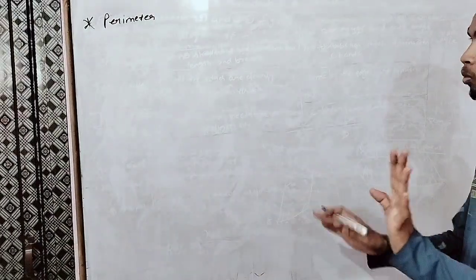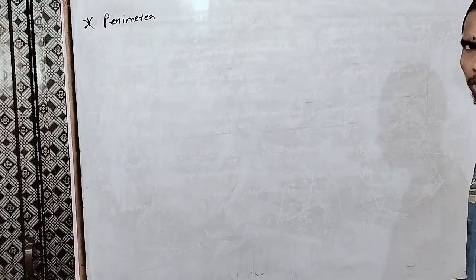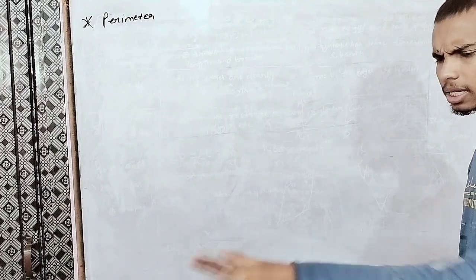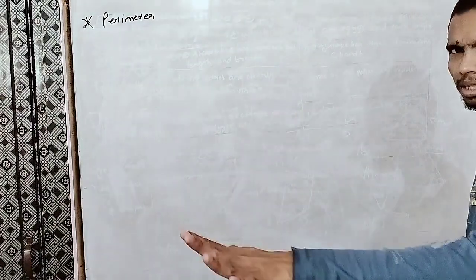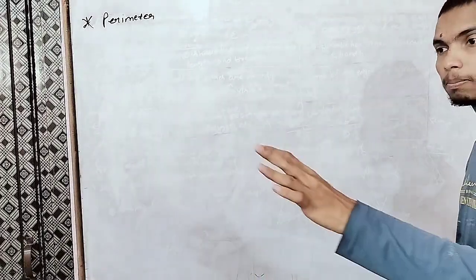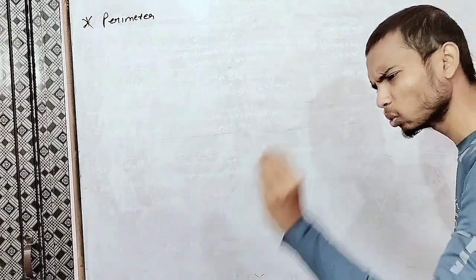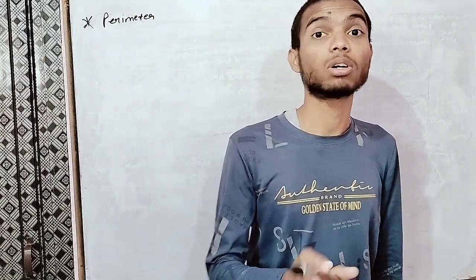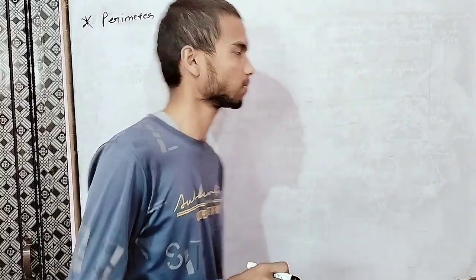Whether they are 2D or 3D, it doesn't matter. Perimeter in the case of 2D or 3D will be the measured total length of any shape.